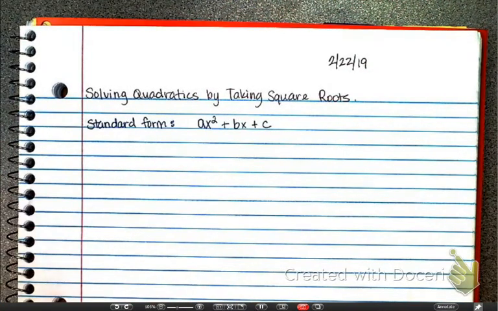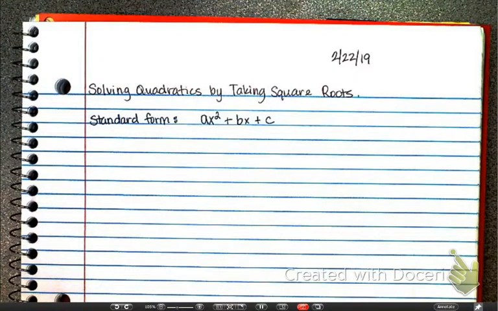So standard form of a quadratic equation is ax squared plus bx plus c. But we learned while we were factoring we could maybe not have a c, we might not have a b, right? That was okay not to have all those pieces, but we were still able to factor, right? Okay. So let's just back it up for a second.